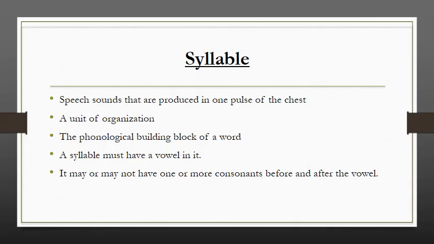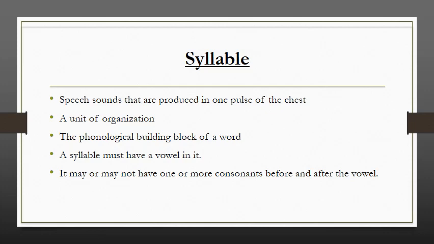Viewers, before moving on towards the structure of a syllable, I think it's important to have a look at what a syllable is and some of its description. As I told you earlier, the speech sounds that are produced in one pulse of the chest are called the syllable.